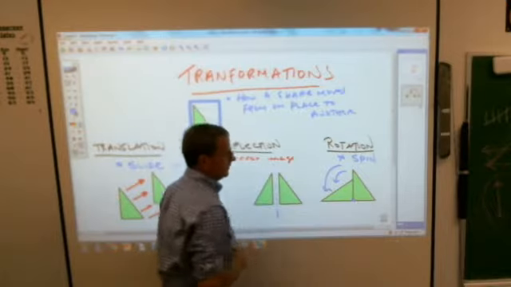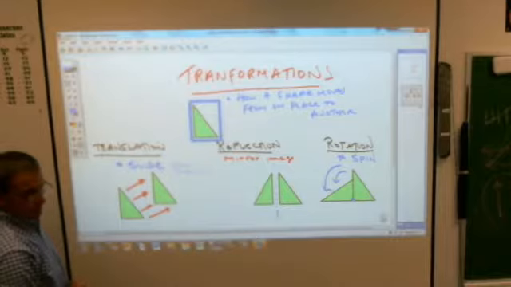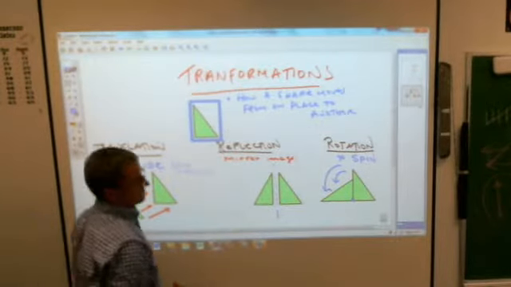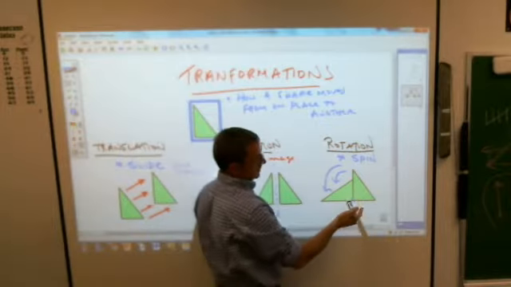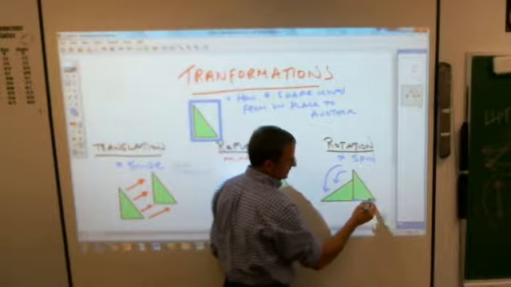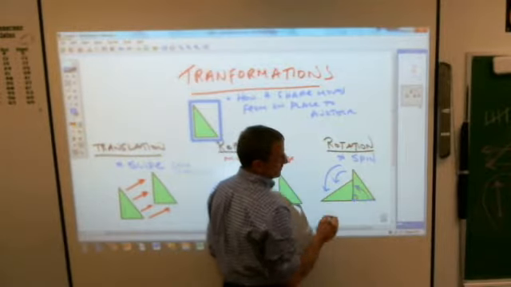How many degrees would it turn? 90 degrees. Because all you have to do is think about what lines go with what lines. See how this line is the same as this line here. So that's formed a square angle. It just turned 90 degrees.